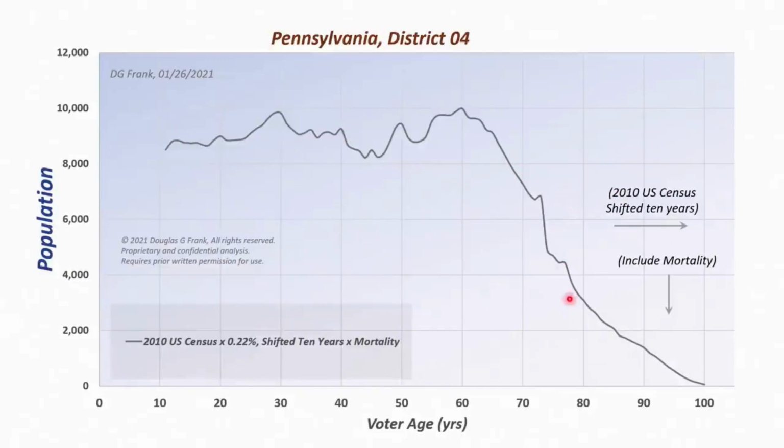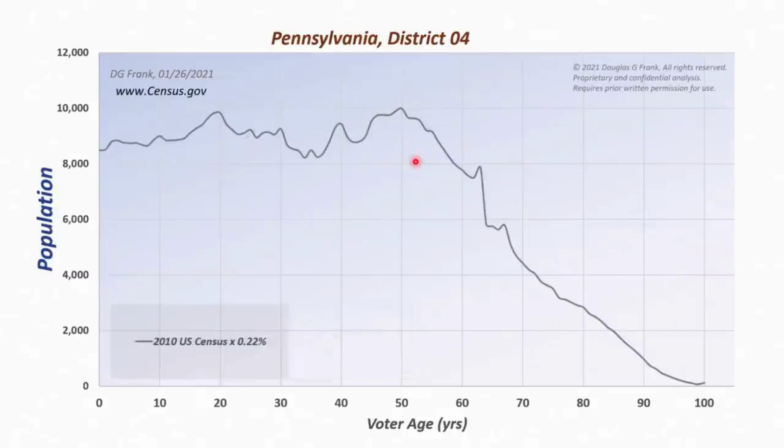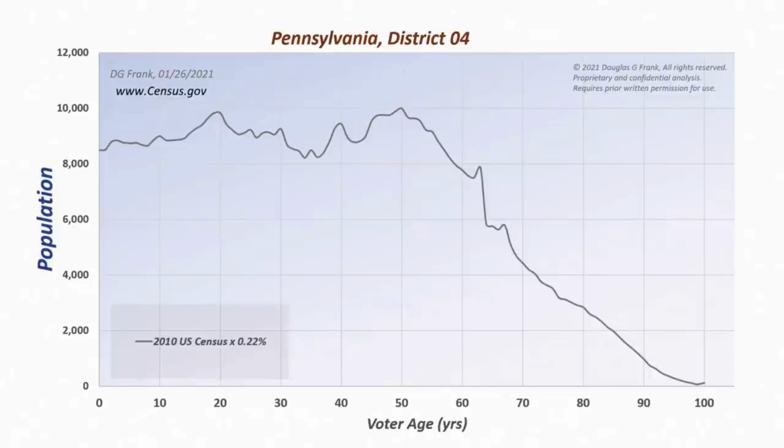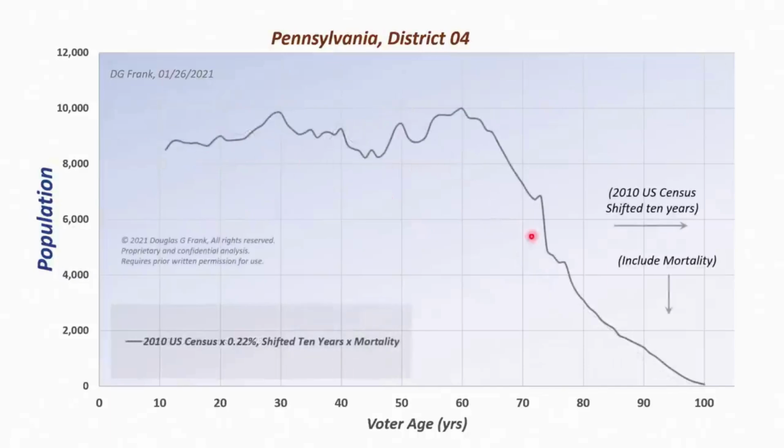And then, of course, when you shift it to the right, 90-year-olds don't just become 100-year-olds. Some of them pass away. So if I just show that again, you start from the census, you shift it to the right, you include the mortality. I'll just flip back a couple of times so people can see that. So I'm shifting it to the right, including some mortality. That's what we would expect the 2010 census to look like today.